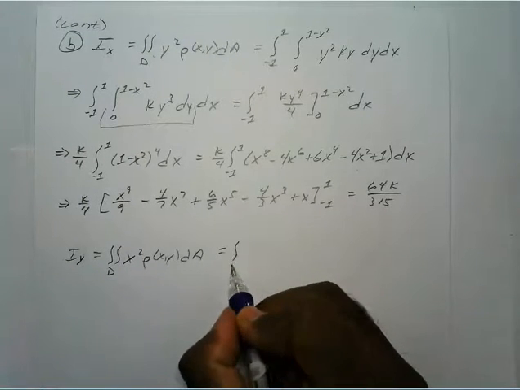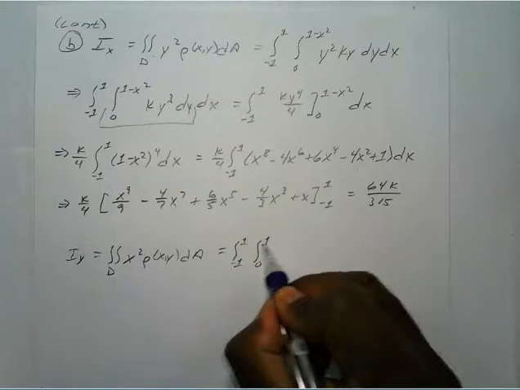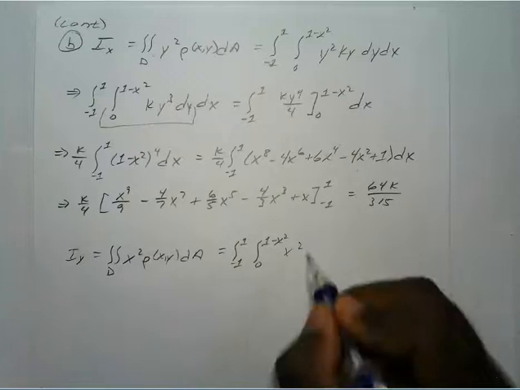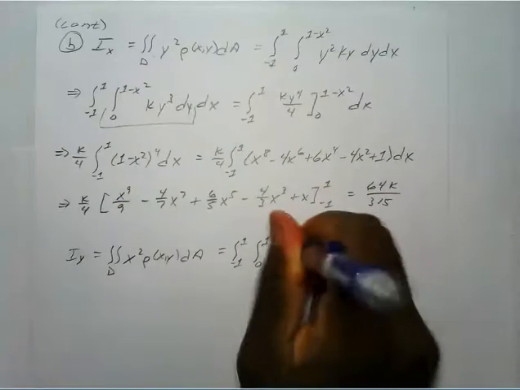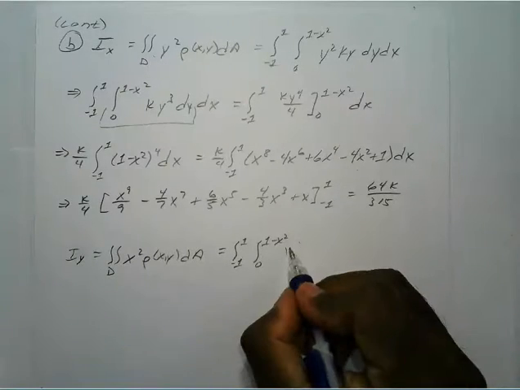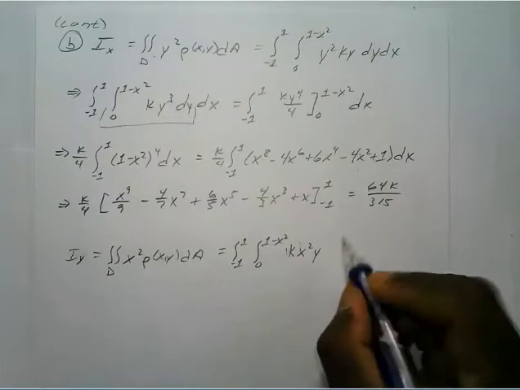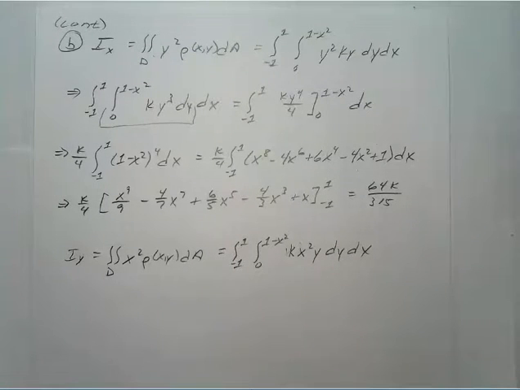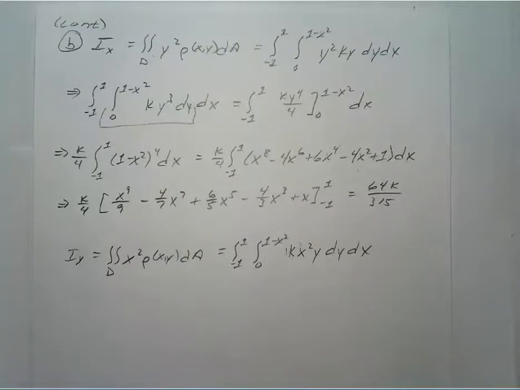Okay, which is equal to the integral from -1 to 1 and from 0 to 1 minus x squared of x squared times our k. So we can just make that kx squared y, dy dx. Okay, so our rho, remember that's our ky, just times x squared.